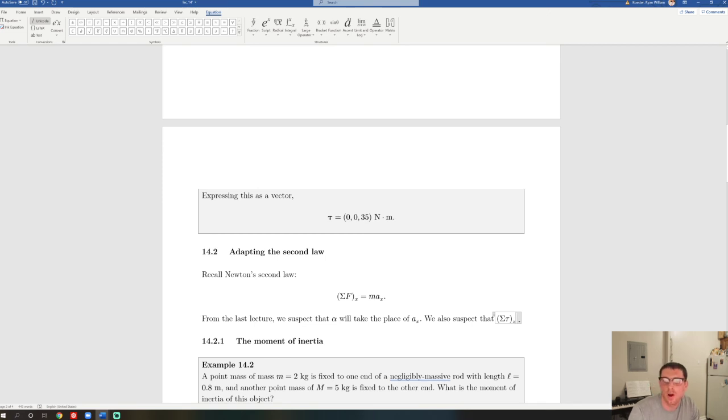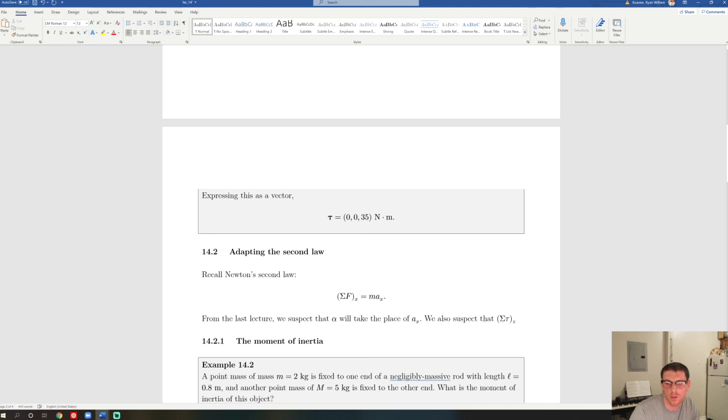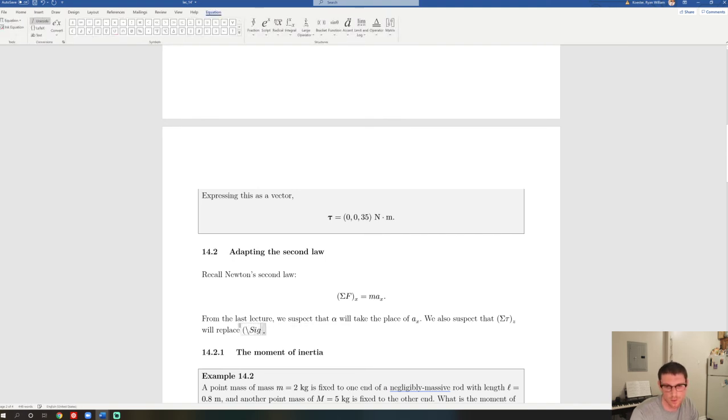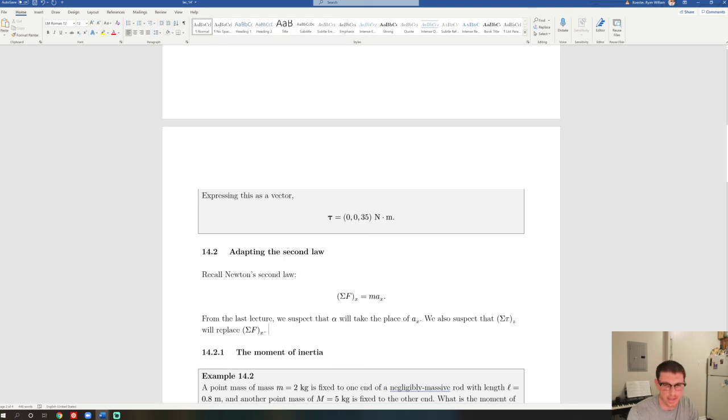And so we also suspect that the sum of the torques, in as much as this term here means the sum of the forces in the x direction, this means the sum of the torques in the z direction, will replace sigma f sub x.